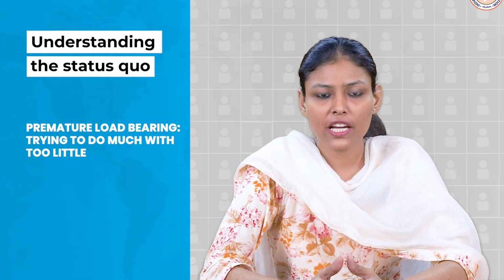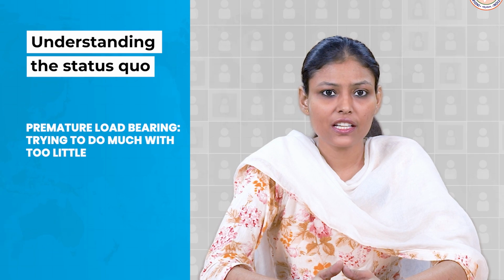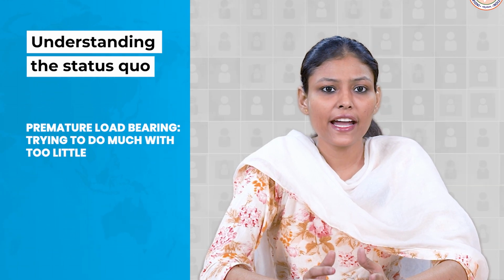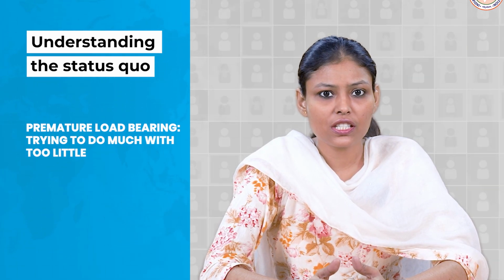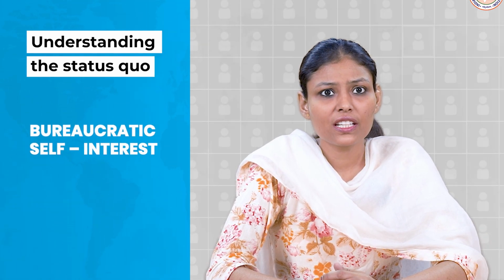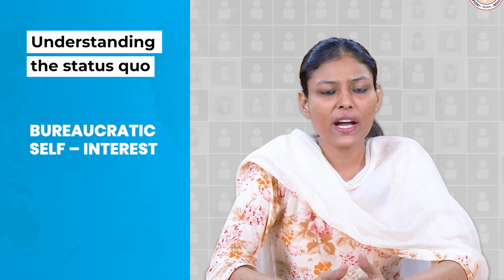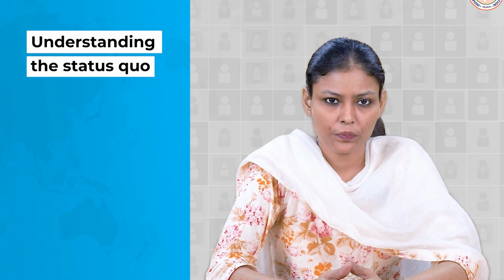The idea of the state and chronic underinvestment in state capacity constantly hinder administrative and fiscal strength. Bureaucratic self-interest: bureaucrats are involved in self-indulgence while neglecting the significance of governance in providing services to the citizens.